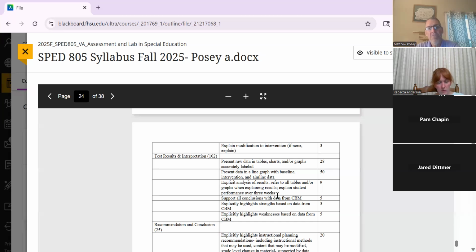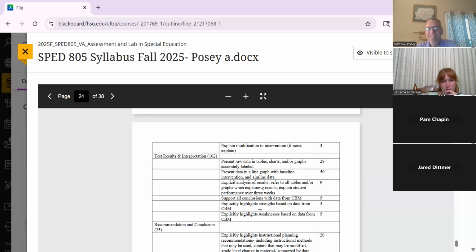The rest of the information in your test results and interpretation sections is basically going to be the same. You're going to give an analysis of your results, explain those, and say a little bit about the student's performance. Support all conclusions with data from your CBM. As you conclude, reference the data to support your conclusion and what you are going to recommend.